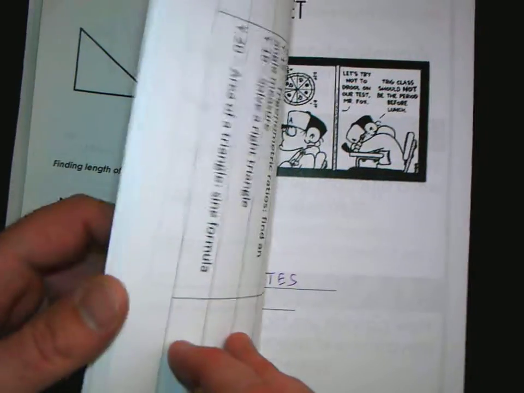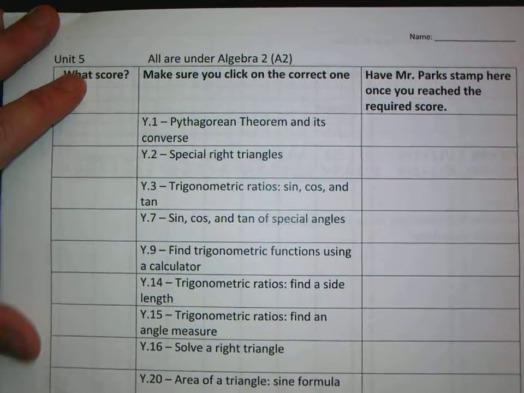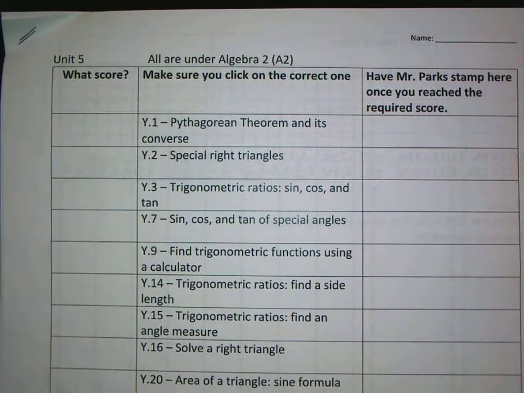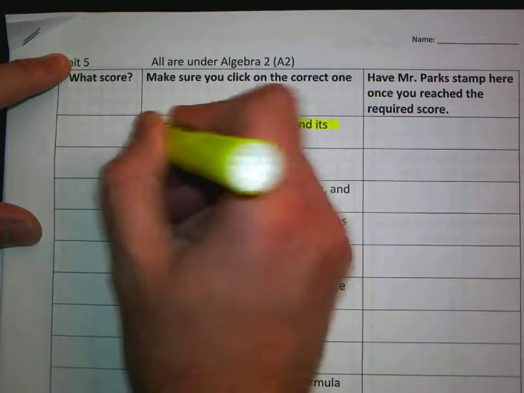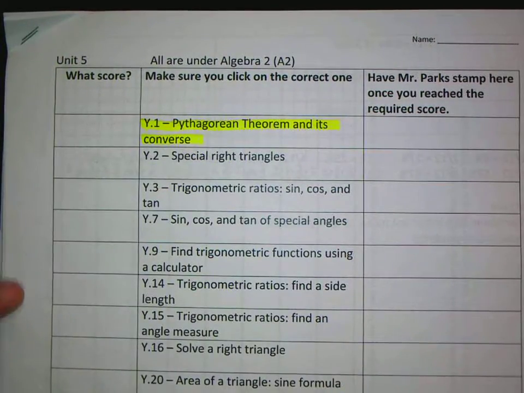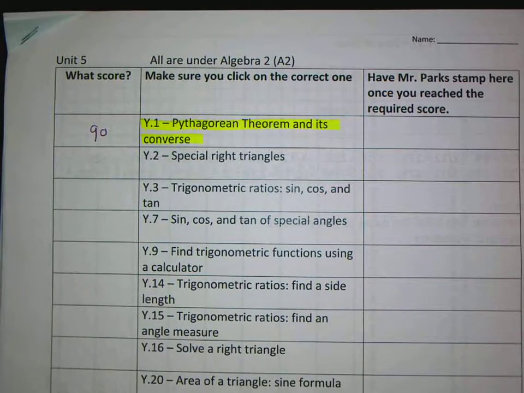Okay. So what I want you to do is Pythagorean theorem and its converse. And I want you to get that to a 90. Now, special right triangles, I don't think you're ready for that yet. I need to give you a little bit more of a lesson on that.